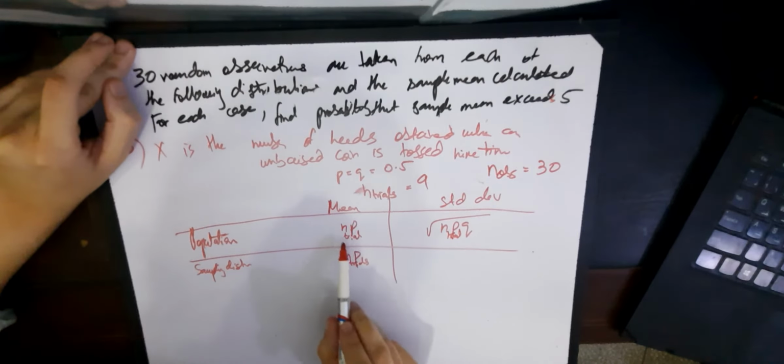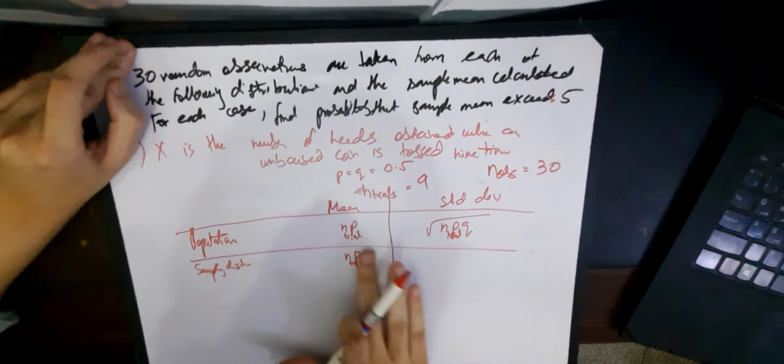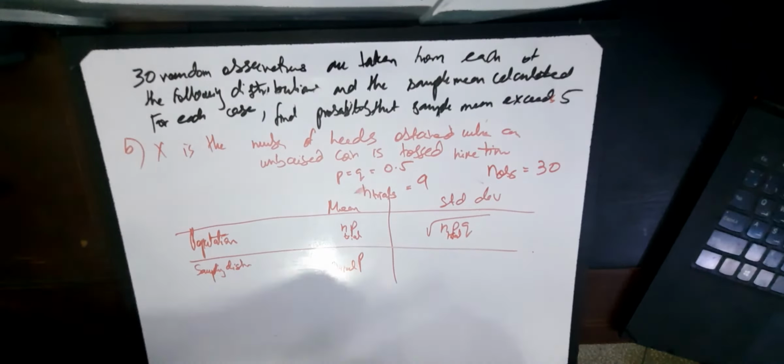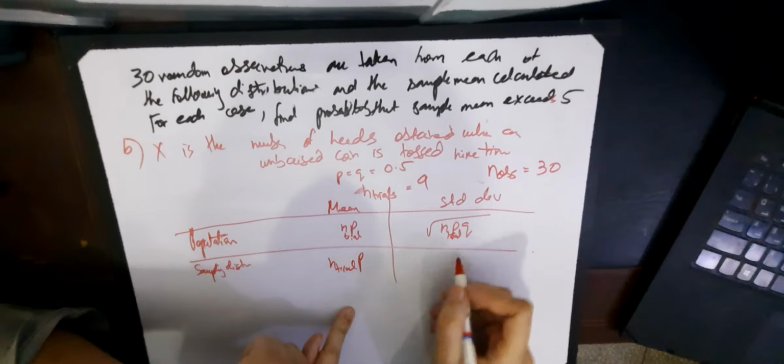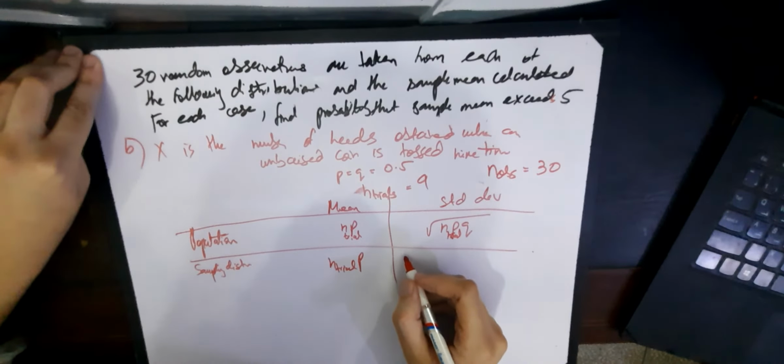So we can call this n trials p, n trials pq, n trials p.